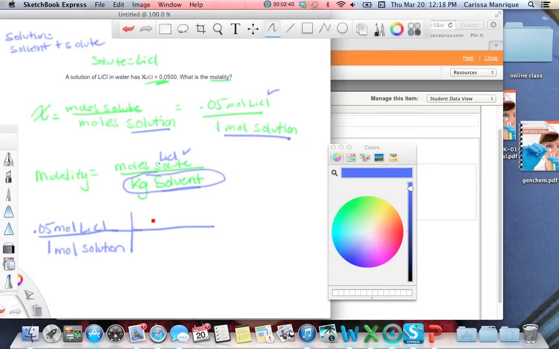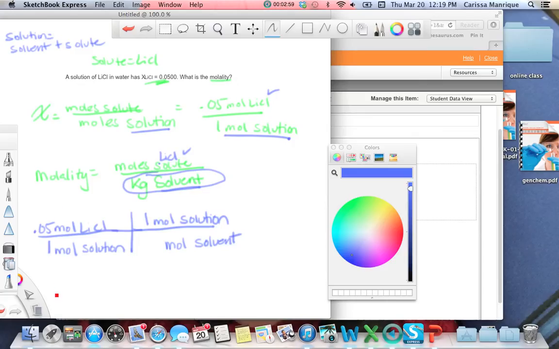So we need to get rid of moles of solution. Since I need to get rid of it, I'm going to put it up here. I'm trying to convert how many moles of solvent. So let's think about what we have here.